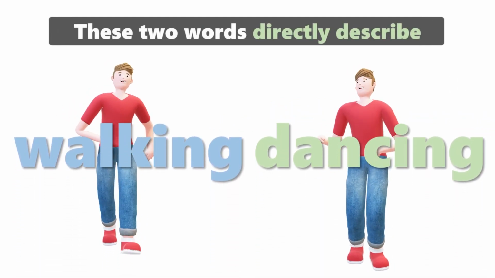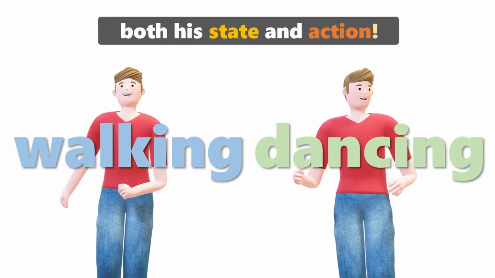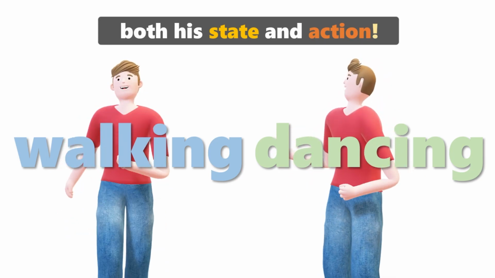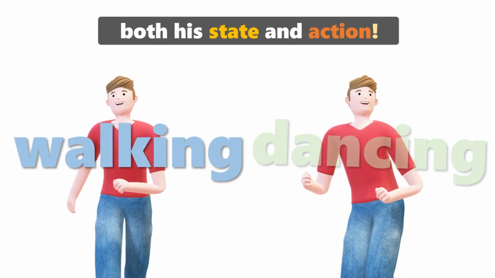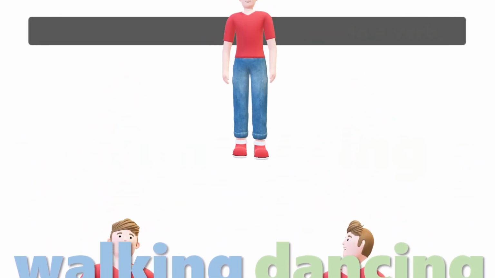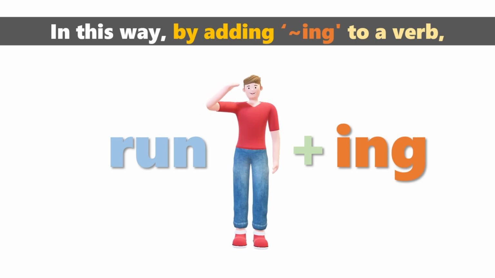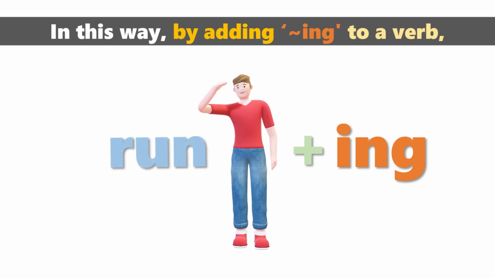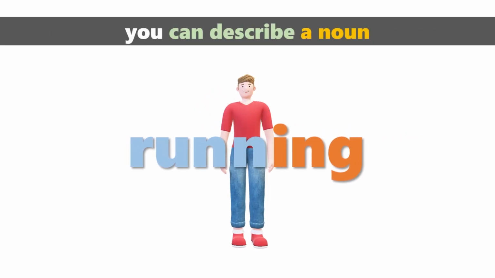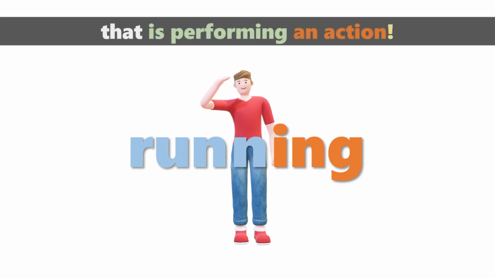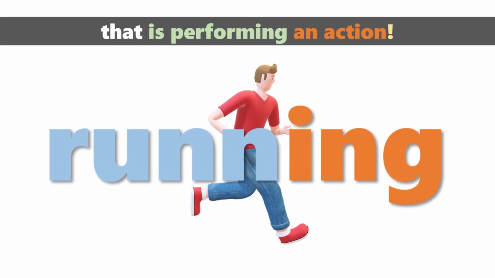These two words directly describe both his state and action at the same time, like walking or dancing. In this way, by adding ing to a verb, run plus ing, you can describe a noun that is performing an action. Running.